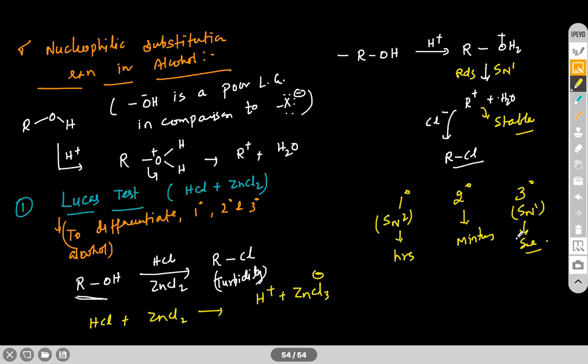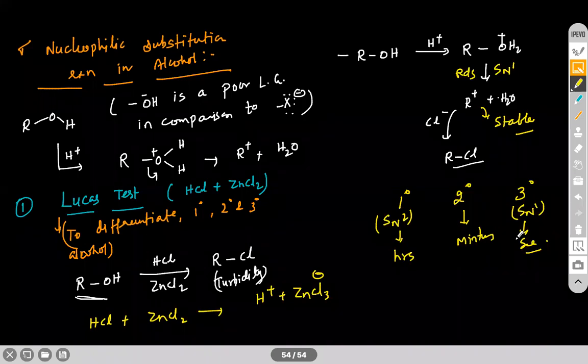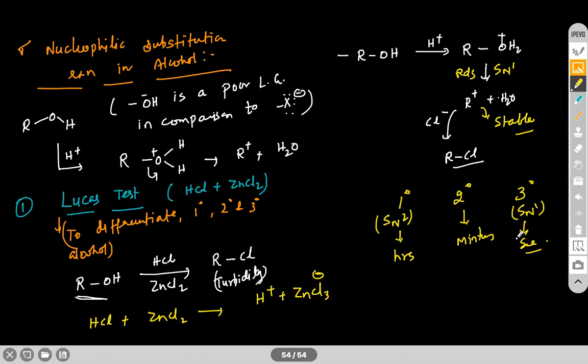So the role of ZnCl2 is a Lewis acid. Yeah, it takes Cl minus from HCl. Sir, can we use AlCl3 or something else like that? AlCl3 we can also use for this purpose, but ZnCl2 we are using here. We can have any reason possible.